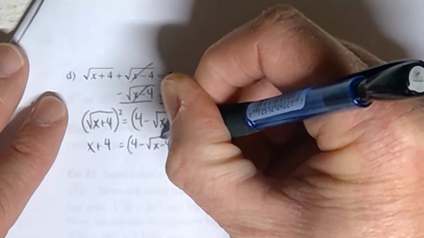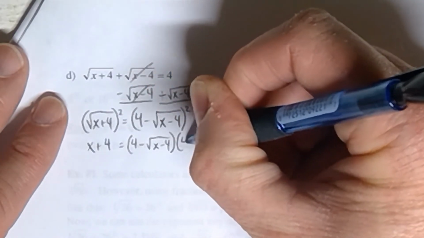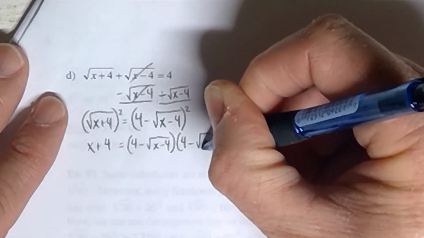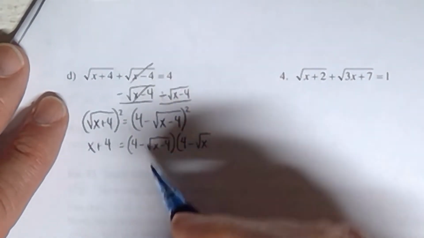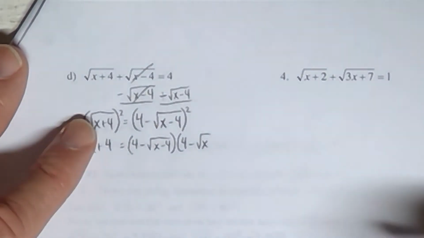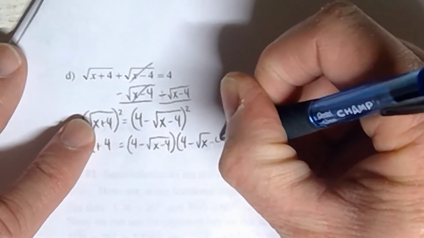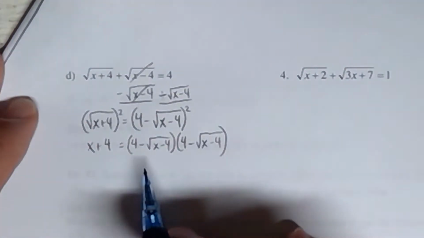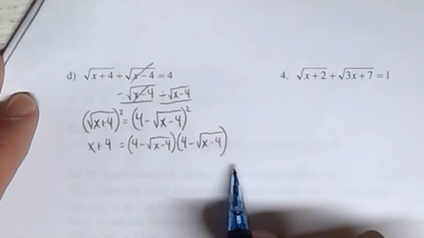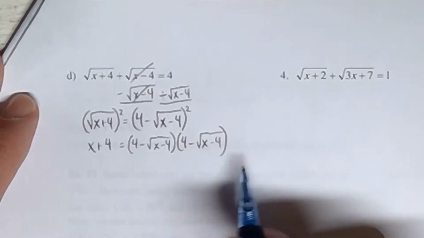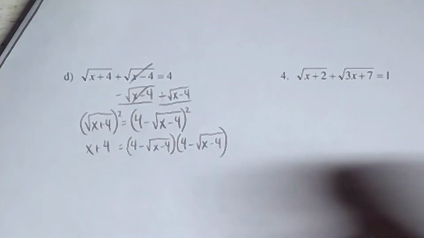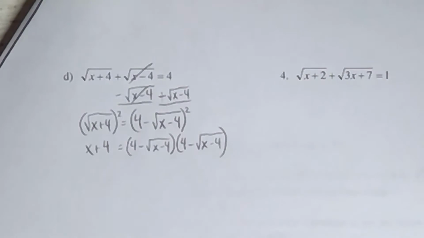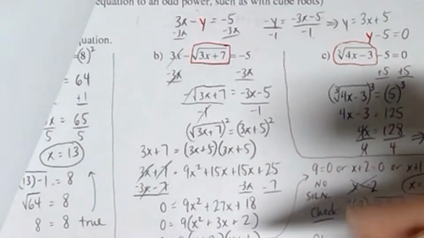Remember, when you've got two terms, and we know these are two terms inside the bracket because of that minus sign in the middle that separates it into two terms. If we've got two terms in a bracket and that bracket's being squared, it means we have to write it out like this. We saw that kind of thing in a previous problem, back in problem B, for example, and also problem 2 underneath it.